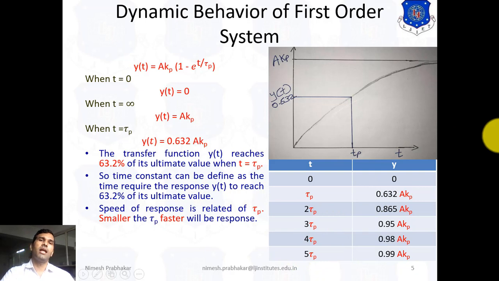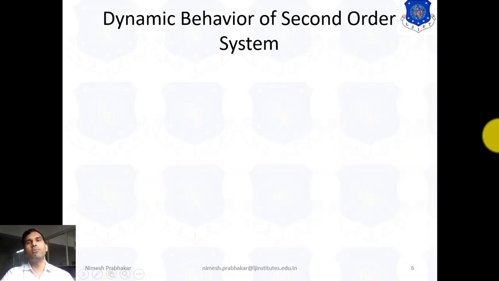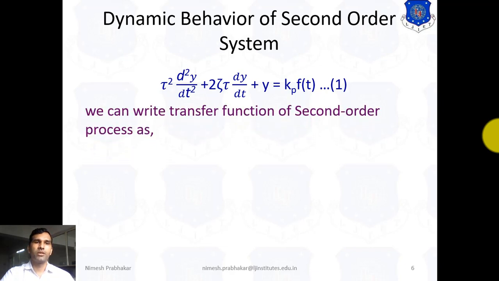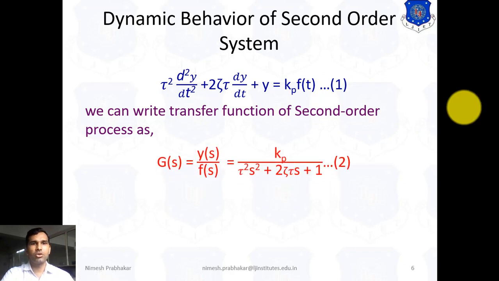Okay. Now we see the dynamic behavior of the second order system. So this is the equation of the second order system. We can write the transfer function of the second order system as G(s) = Y(s) upon F(s) = Kp upon (tau square s square + 2 zeta tau s + 1).